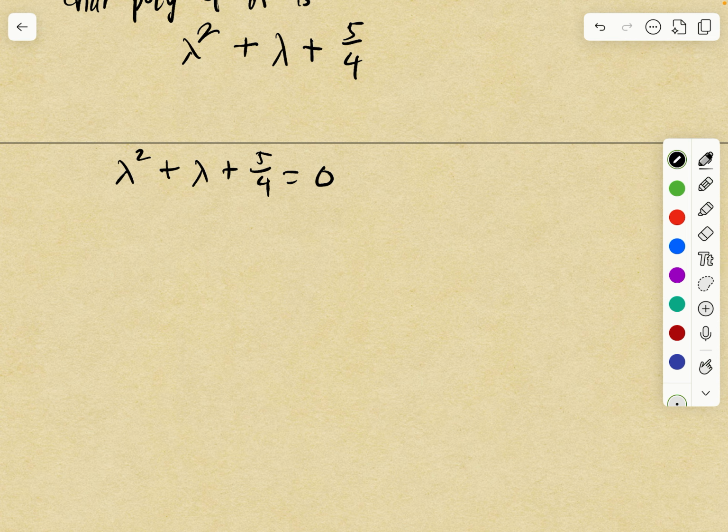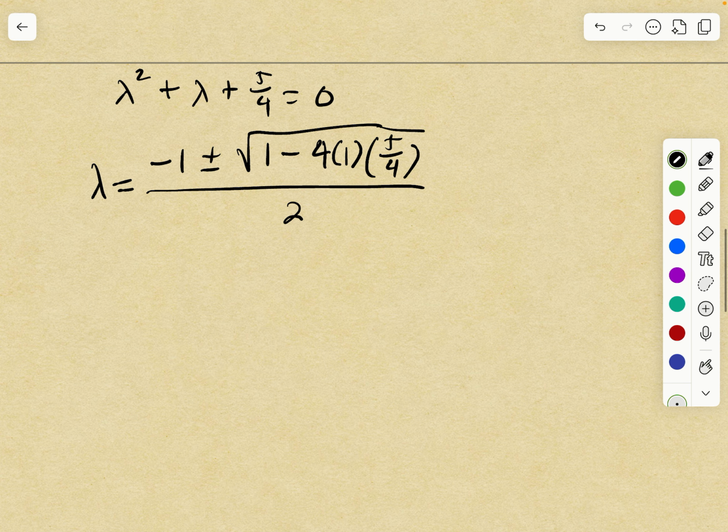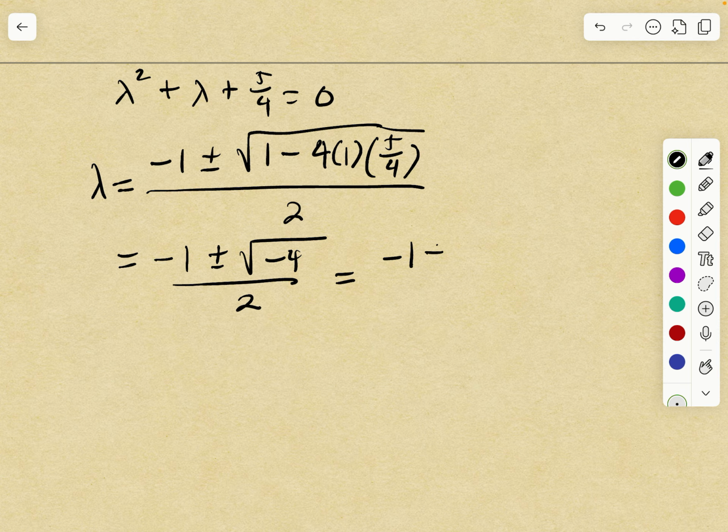By the quadratic formula, lambda is negative b, so that's negative 1, plus or minus the square root of b squared, so that's 1, minus 4 times a, which is 1, times c, which is 5/4, all over 2a, which is 2. So this is going to give you negative 1 plus or minus the square root of 1 minus 5, which is negative 4, all over 2, and that's going to simplify to negative 1 plus or minus 2i over 2.